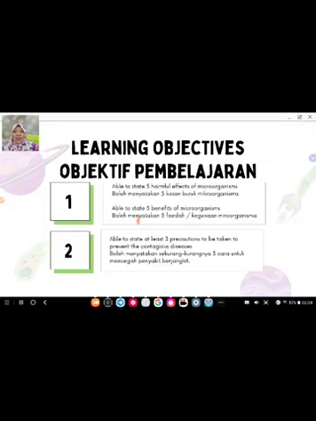Okay, so today we are having 2 learning objectives. Hari ini kita ada 2 objektif pembelajaran. Maksudnya jika awak nak tahu awak faham atau tidak, you should be able to first state 5 harmful effects of microorganisms. Awak boleh menyatakan 5 kesan buruk mikroorganisma. What is so bad about microorganisms? Yang kedua, you are able to state 5 benefits of microorganisms.